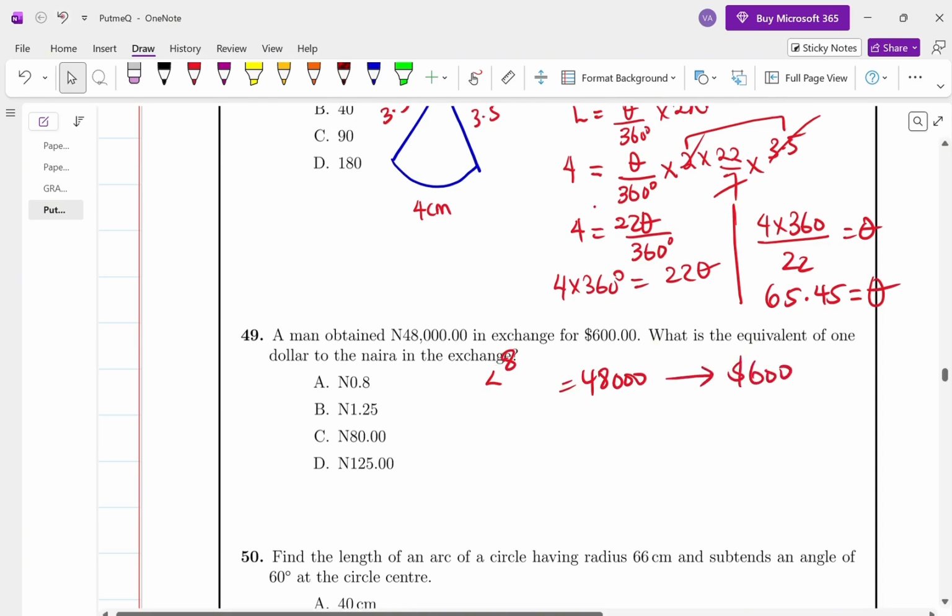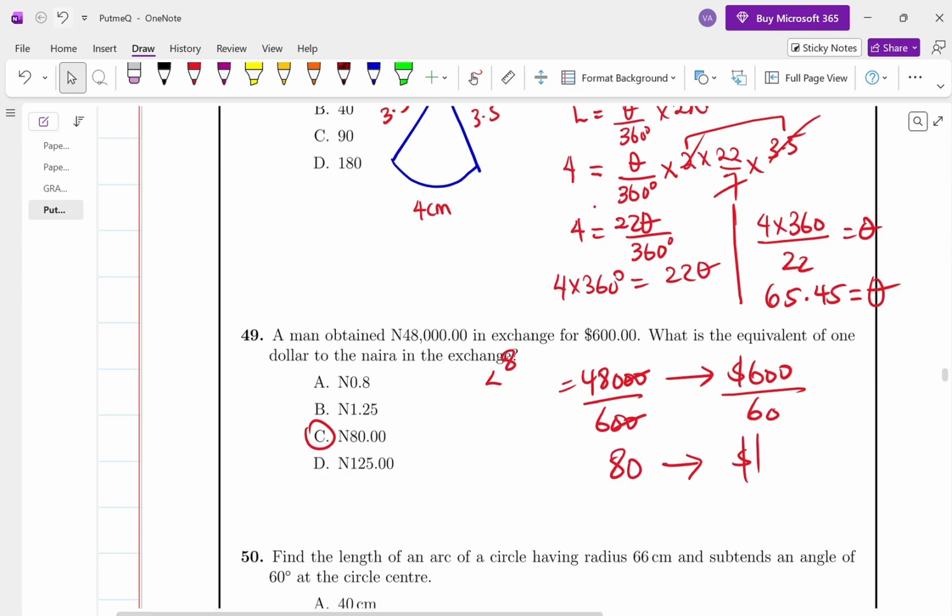To get the value of $1, we need to divide this by 600, because 600 divided by 600 will give us 1 on the dollar part. If you divide this, you're going to find out that 80 naira is equal to $1. So the answer is C.